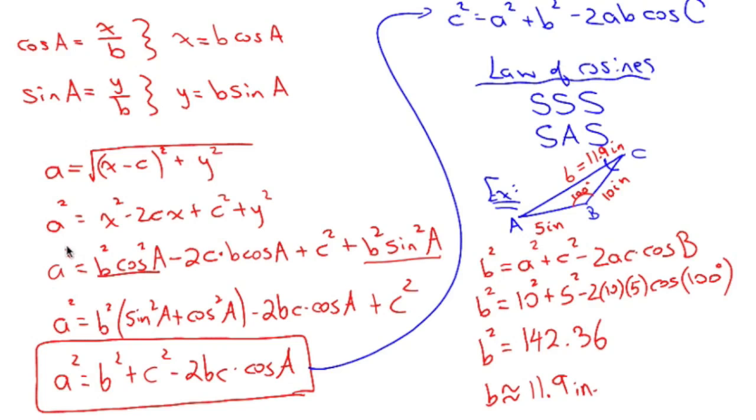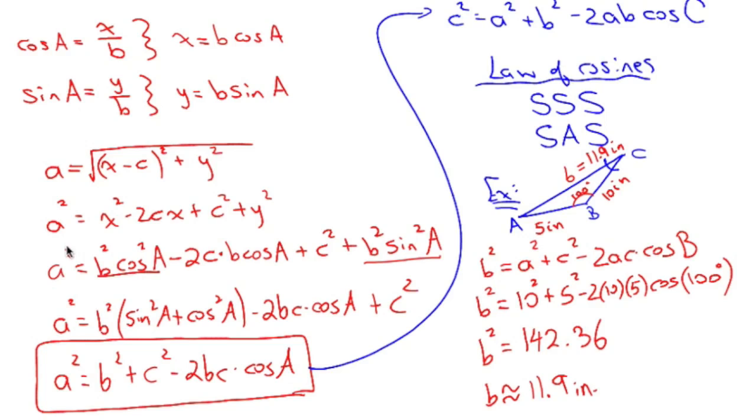You could do law of cosines again, but sometimes law of cosines is a pain, especially finding an angle. What other one is nicer? Law of sines, much nicer.